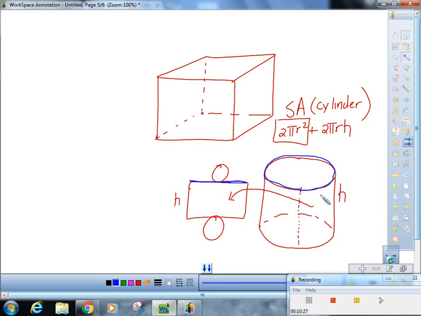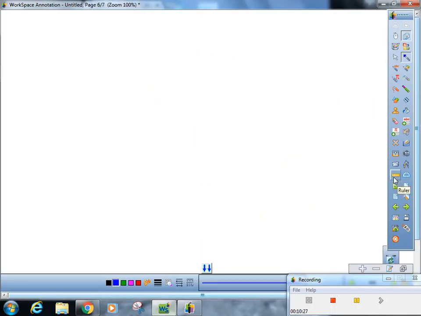That's the length of that rectangle, and that's the circumference. So that's where I got the 2 pi r from. So this is 2 pi r down here, 2 pi r times h.